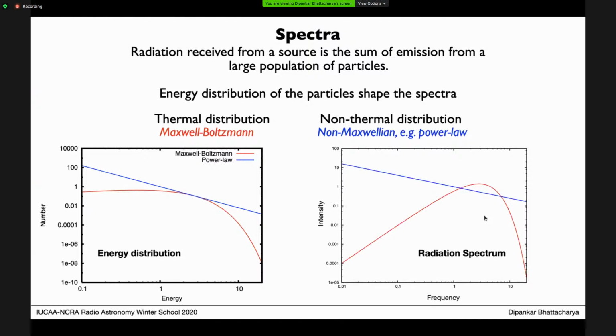Now, so far what we have talked about is the spectrum of radiation produced by a single particle. But in all practical situations, we are not seeing emission from one single particle at a time. Any emitting source is composed of a very, very large number of charged particles, and they're all emitting simultaneously.